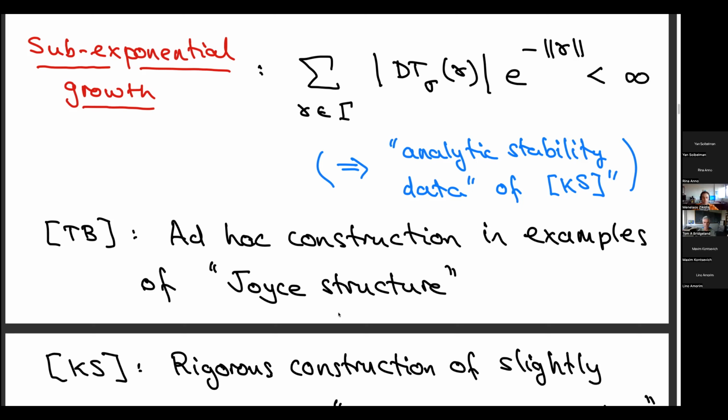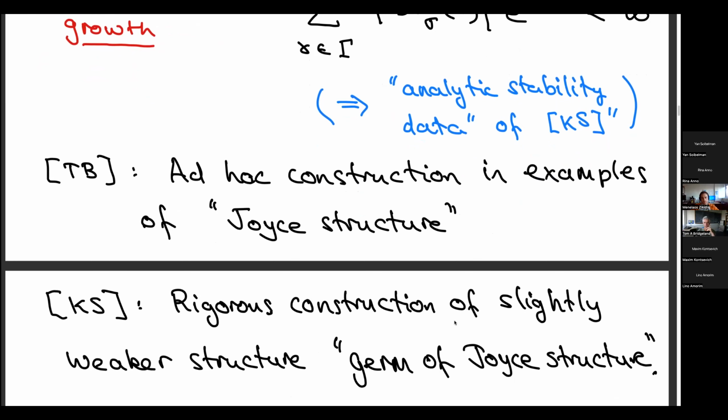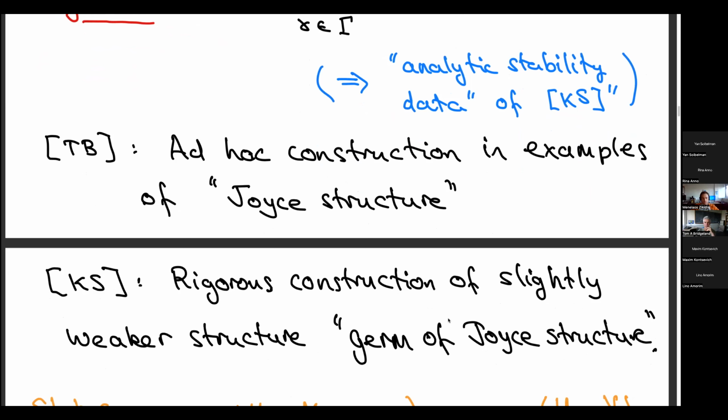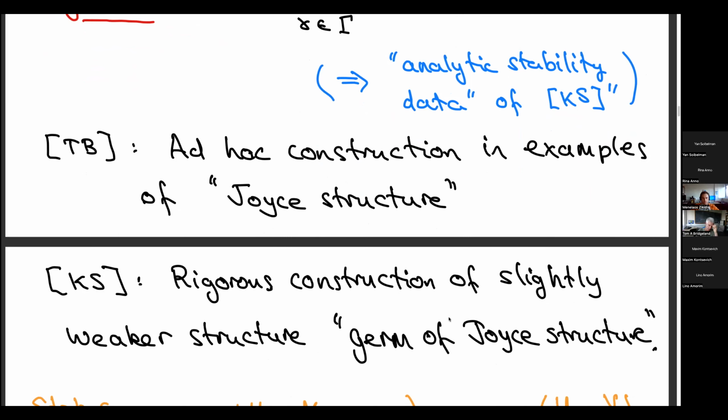Okay, but Kontsevich and Soibelman have got some rigorous construction of some slightly weaker structure, which is like a germ of one of these things. Now, I don't want to say too much about this because I don't really understand it. But let me just say one comment for the experts, just for discussion.